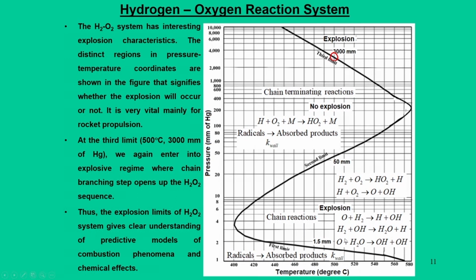So, we say there are three limits, and all are on the 500 degree centigrade line. One limit is 1.5 mm of Hg, the second limit is 50 mm of Hg, and the third limit is 3000 mm of Hg. But again, beyond 3000 mm of Hg, on the same temperature line, there will be further explosion.